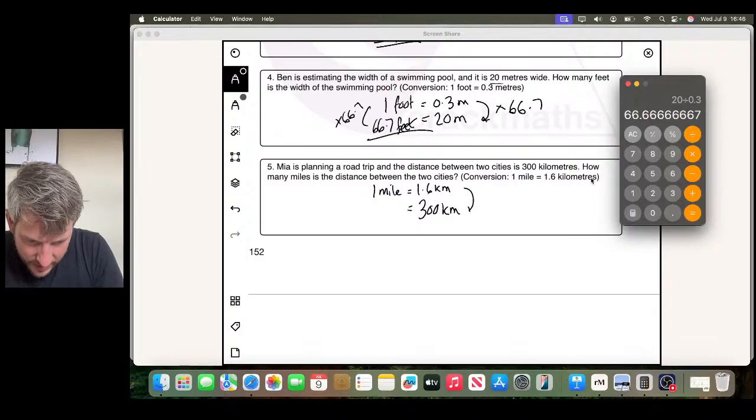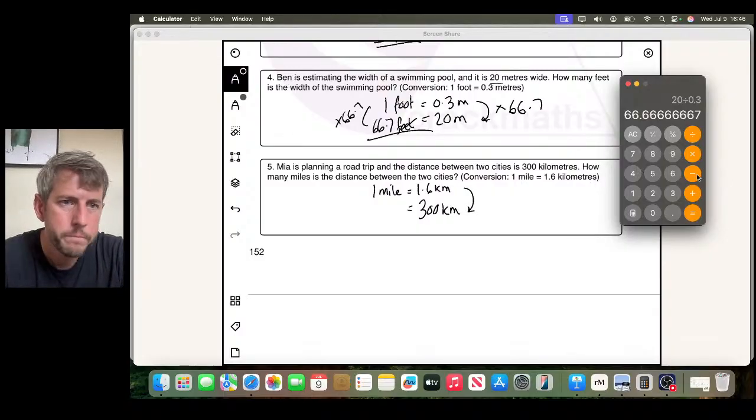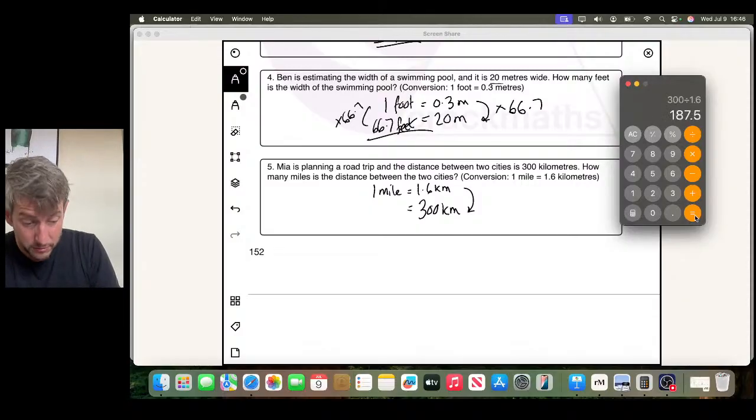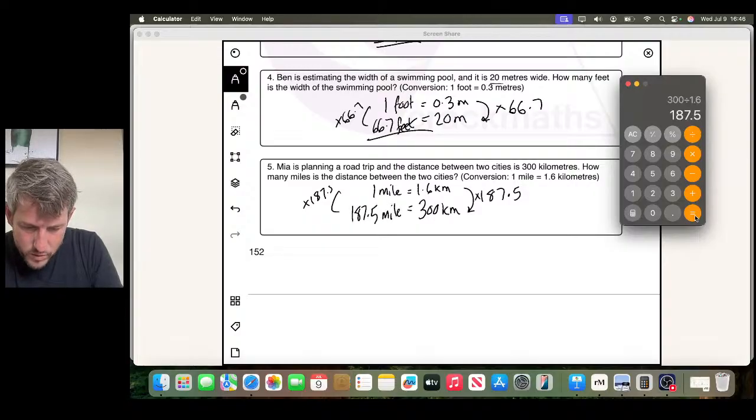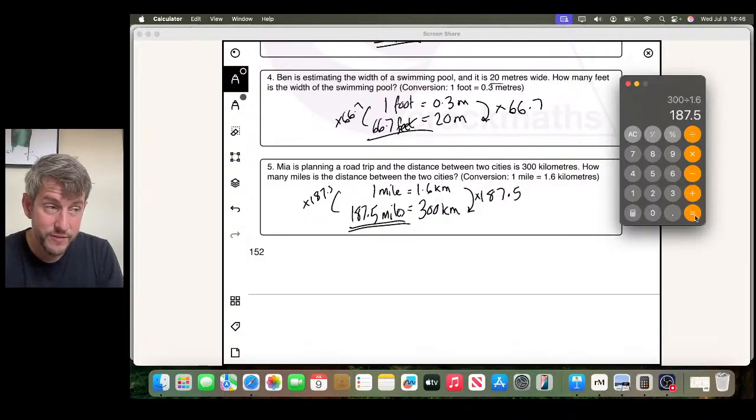So we need to find out what we times 1.6 by to do that. So we're going to have to do 300 divided by 1.6. And that'll be 187.5. That's nice. It's already one decimal place. So we've times this by 187.5. So that is 187.5 miles. So we know that 187.5 miles is 300 kilometres.